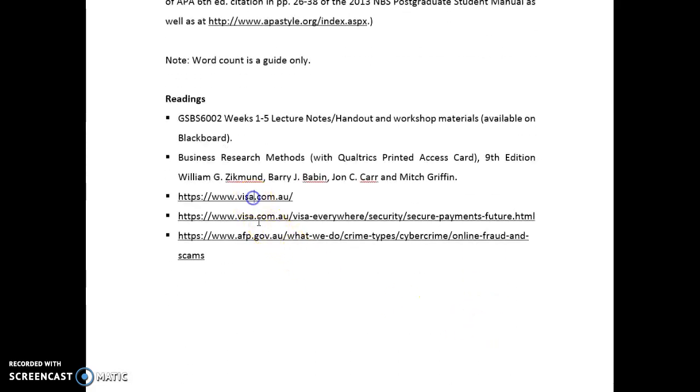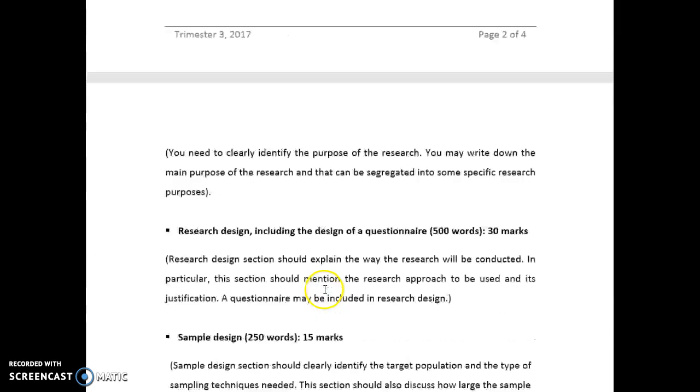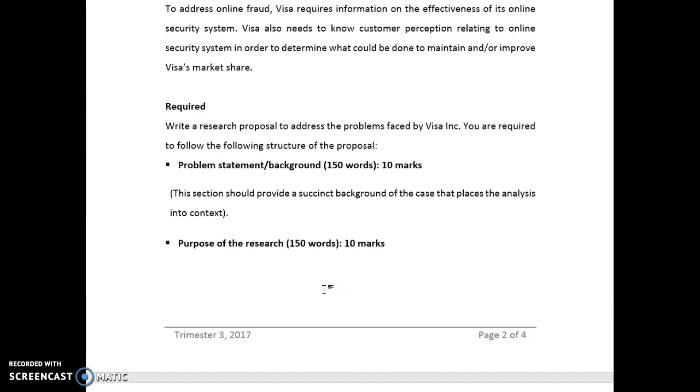And these are some web links I have provided. You can go through these web links to get some additional information about Visa Incorporated. And as far as the references are concerned, some of you are asking how many references you should provide. Well, I don't want to put any limitation on the number, but I would like you to cite credible academic references rather than only citing some fishy web addresses.